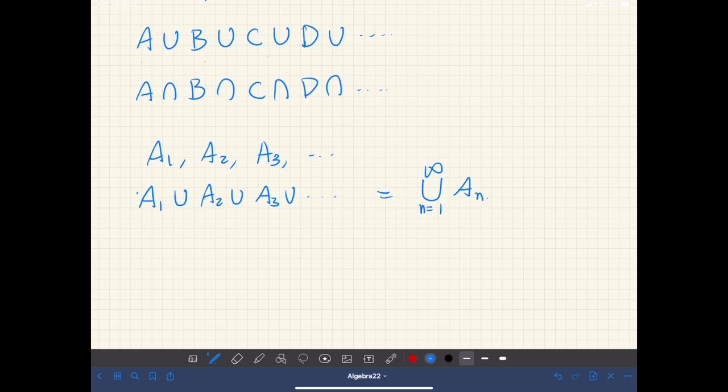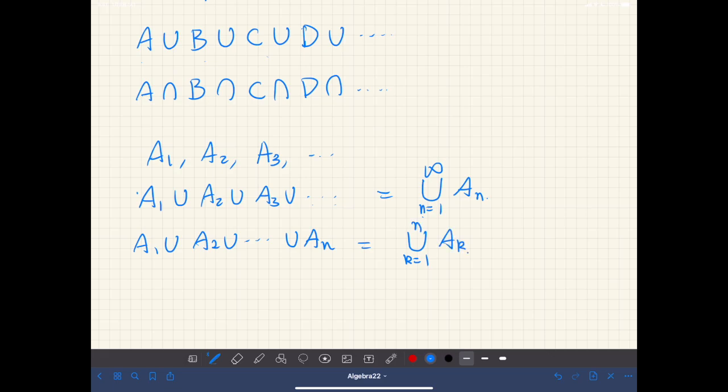If it's not infinite, for example A1 cup A2 cup and so on up to An, then we can write it with index n or k. In this case they are just variables, so we can choose any letters.